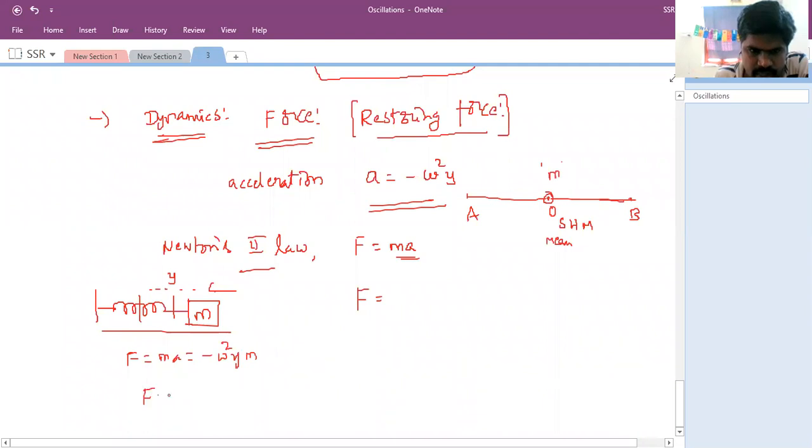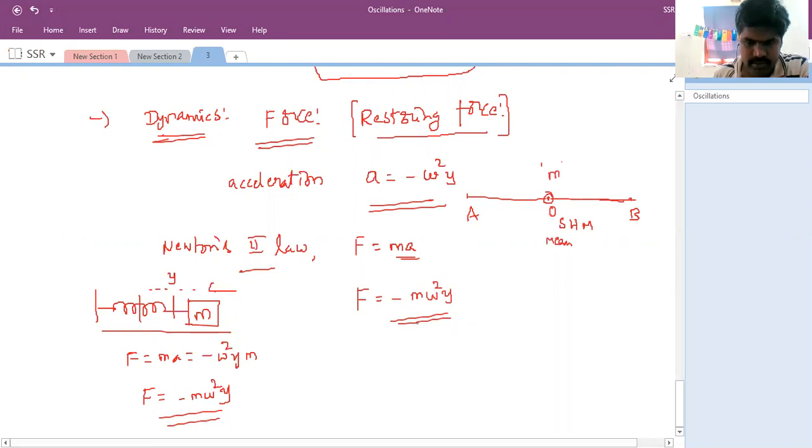Then F we can write F is equal to minus m omega square y. Therefore F is equal to minus m omega square into y. Are you clear this?